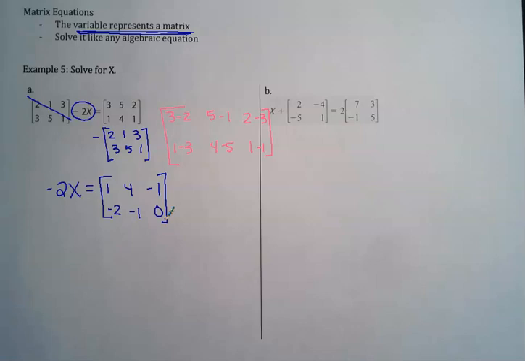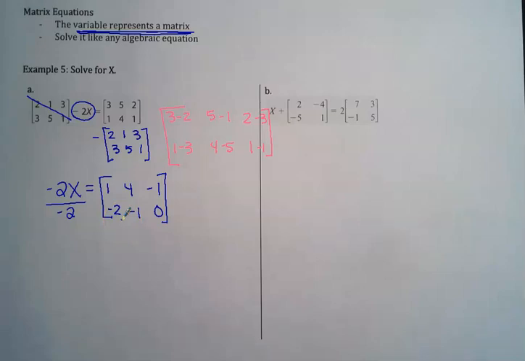Okay, so now what do I do to get the variable by itself? Multiply by negative 2? Okay, we could divide by negative 2. This is true. Or what's the other option? Do you remember? I'm good with either one. We could also multiply by 1/2 because we've talked about scalar multiplication.